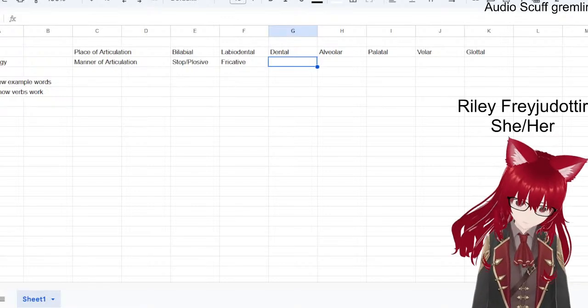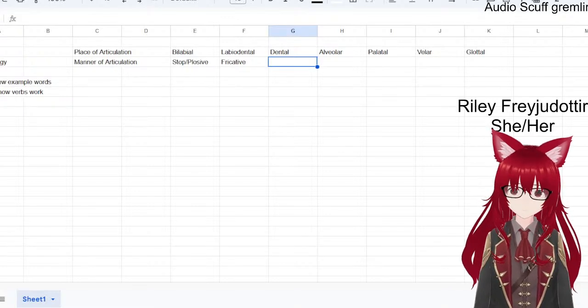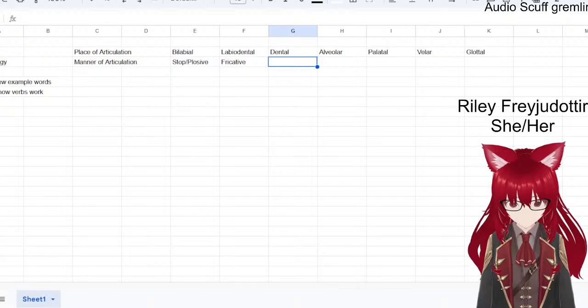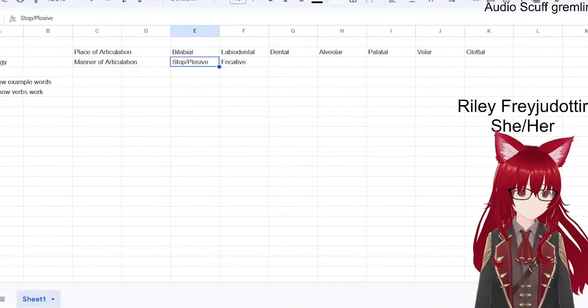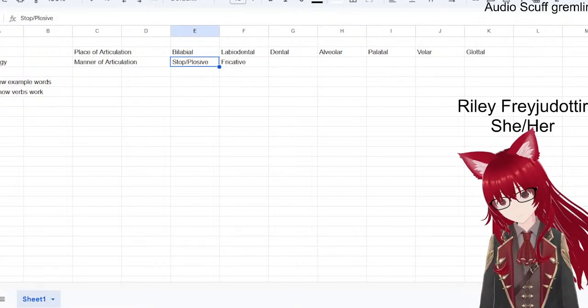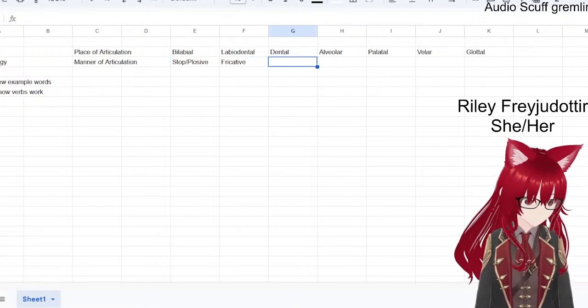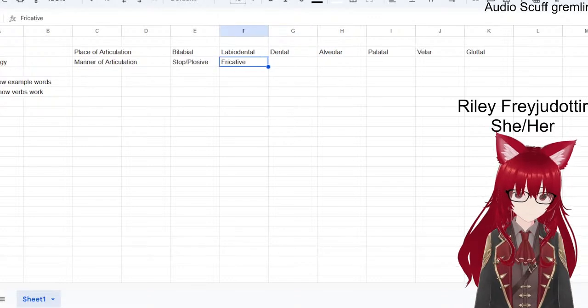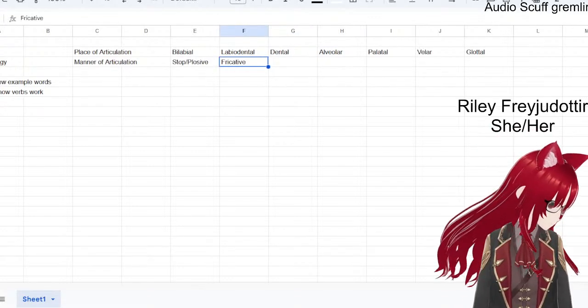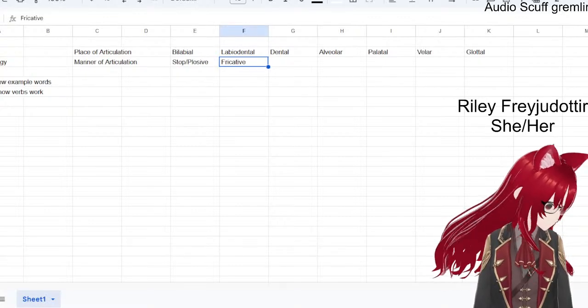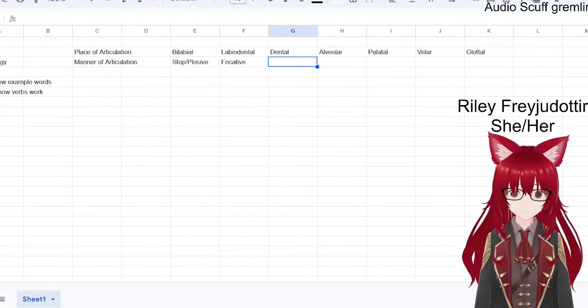It's so named because you're creating a lot of friction for the air. Examples of stops are p, t, k, b, d, g. Fricatives are like s, f, v, those sorts of sounds.